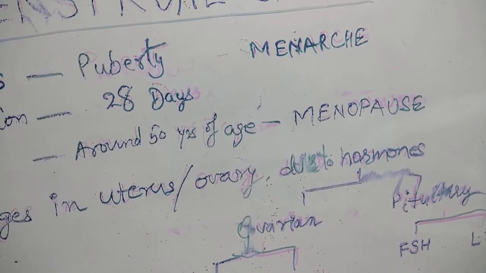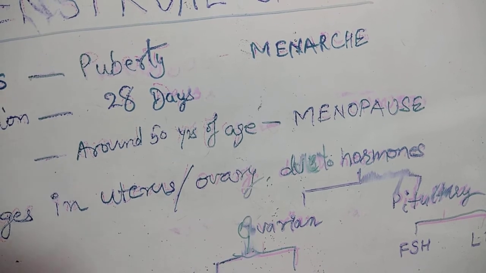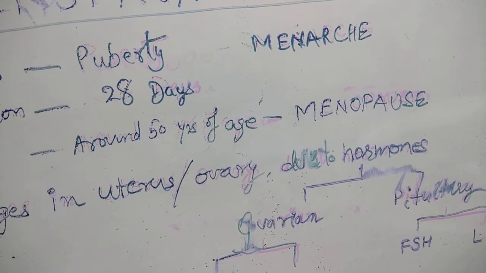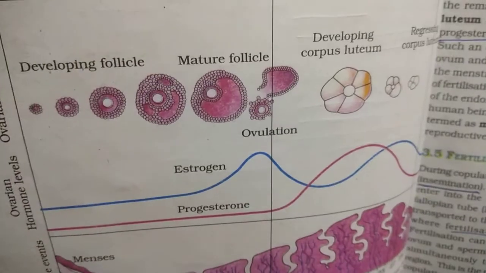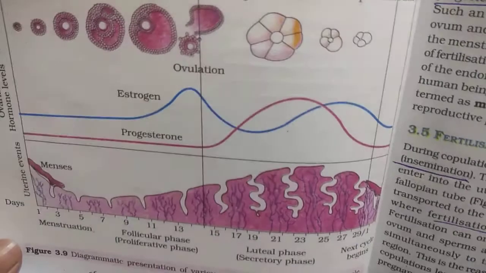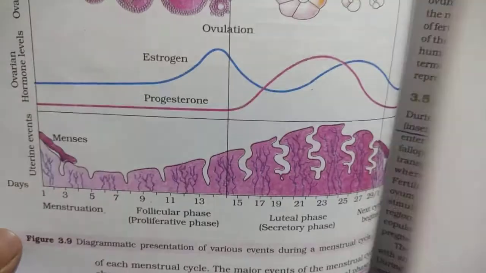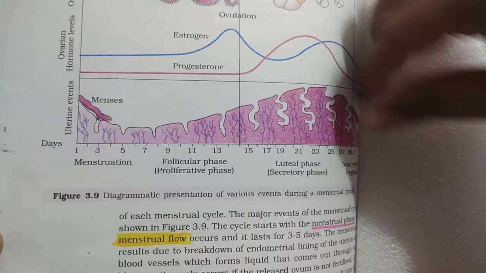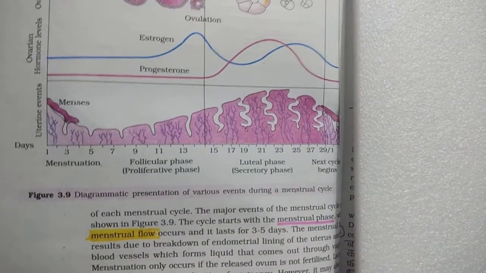Now we'll see all the changes of the menstrual cycle with the graphical representation which is given in your NCERT book. In this graphical representation, you can see a lot of things are shown.